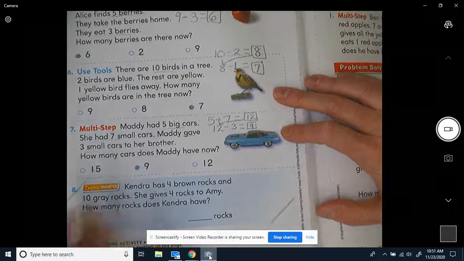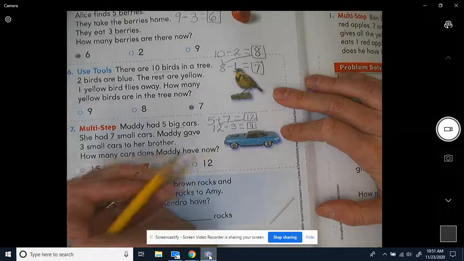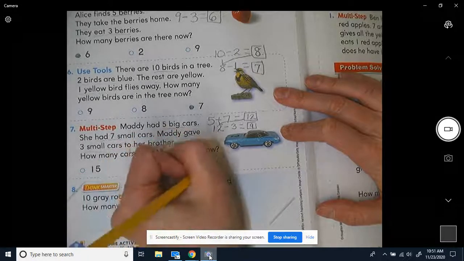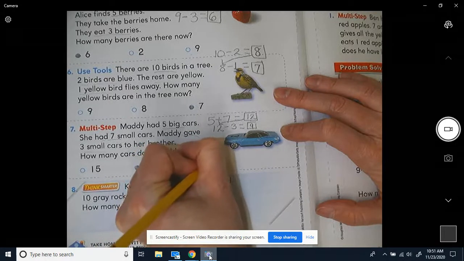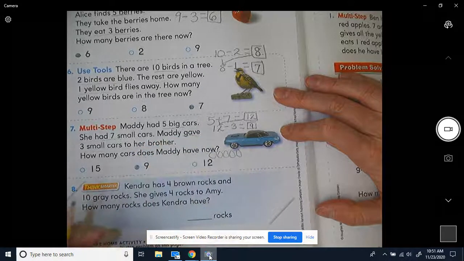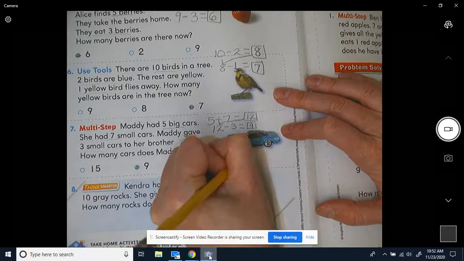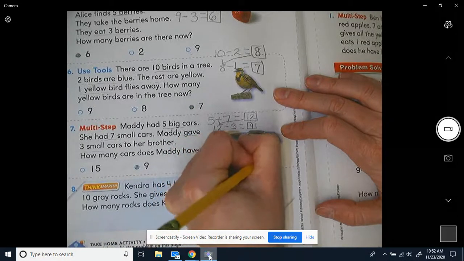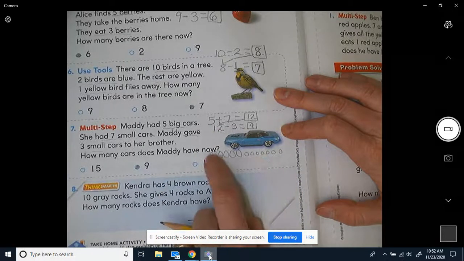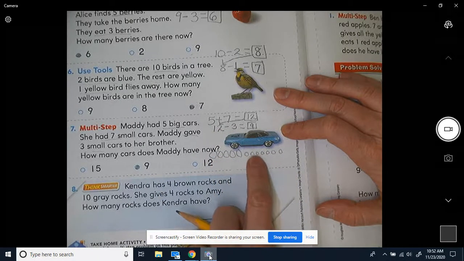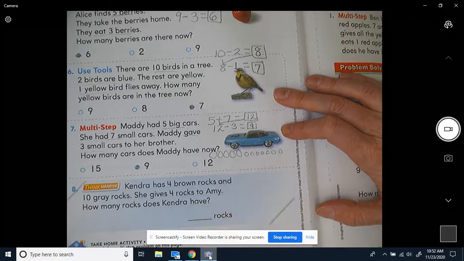Let's prove it. So she has 5 big cars, and we can go ahead and do the sizes for the cars. I'm going to do 5 big circles. 1, 2, 3, 4, 5, and 7 small cars. 1, 2, 3, 4, 5, 6, 7. So that was 12 altogether. 1, 2, 3, 4, 5, 6, 7, 8, 9, 10, 11, 12.